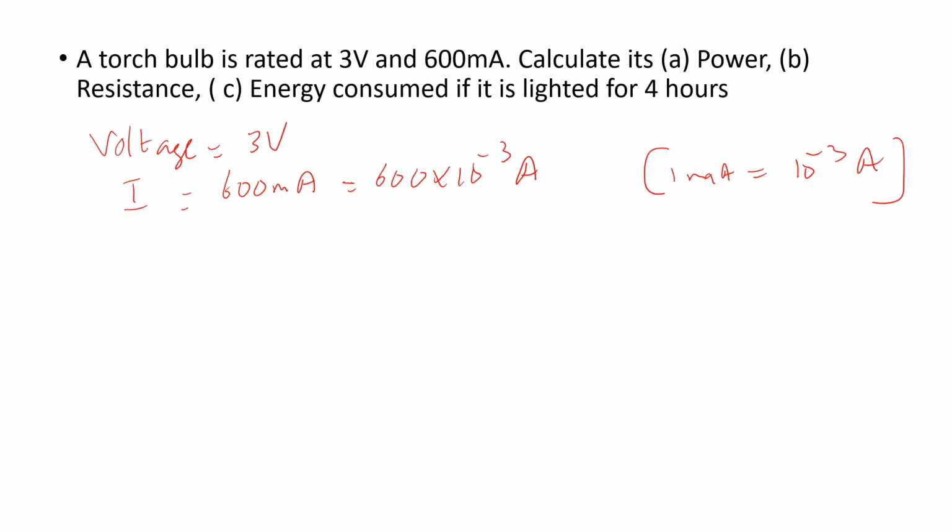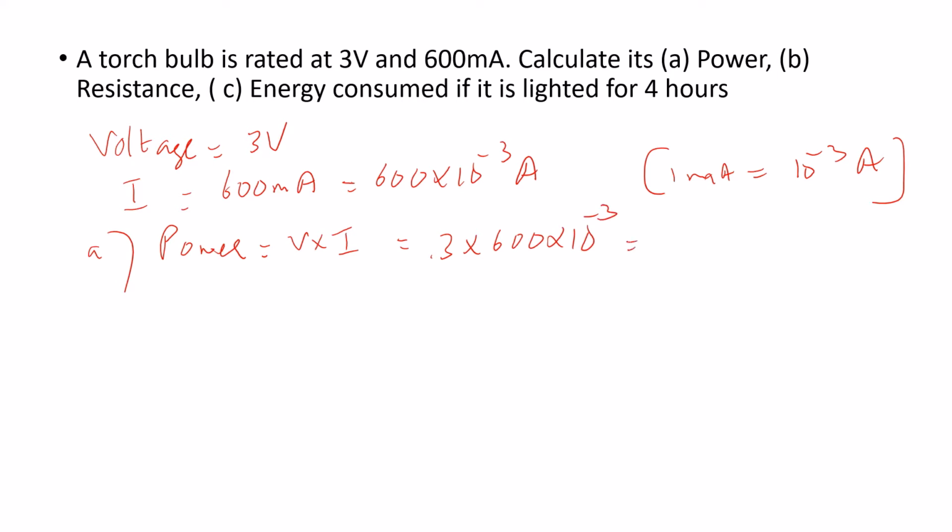And then the first question is to find out the power. So power is equal to, we know that voltage into current will give you the power. P equal to V into I. So we'll multiply, we know the value of V which is 3 and I is 600 into 10 raised to minus 3.